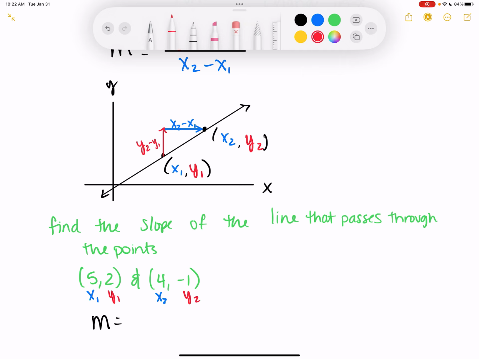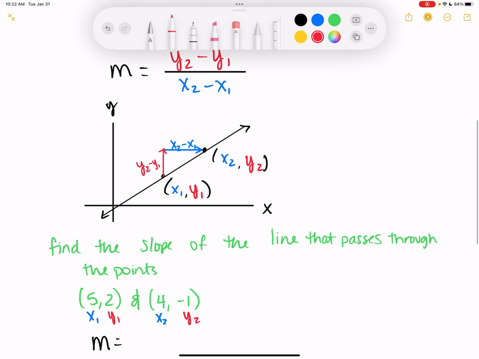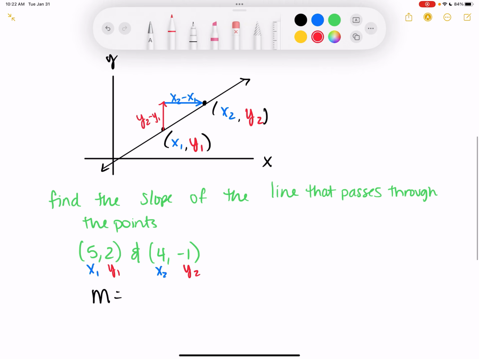So we do rise first. So we have y2 minus y1. So y2 is -1 minus y1 is 2, divided by run, which is x2, which is 4, minus x1, which is 5.